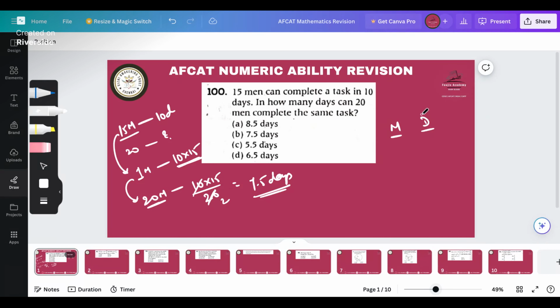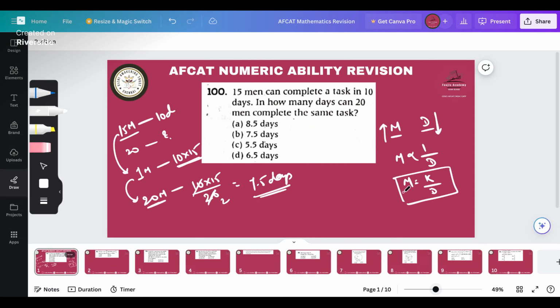But over here, the reality is that when the number of men increases, the number of days to complete the task will reduce, right? So M is inversely proportional to D, and that means M is equal to, let's introduce a constant whenever we get rid of the proportional sign, let's call it K, K by D.